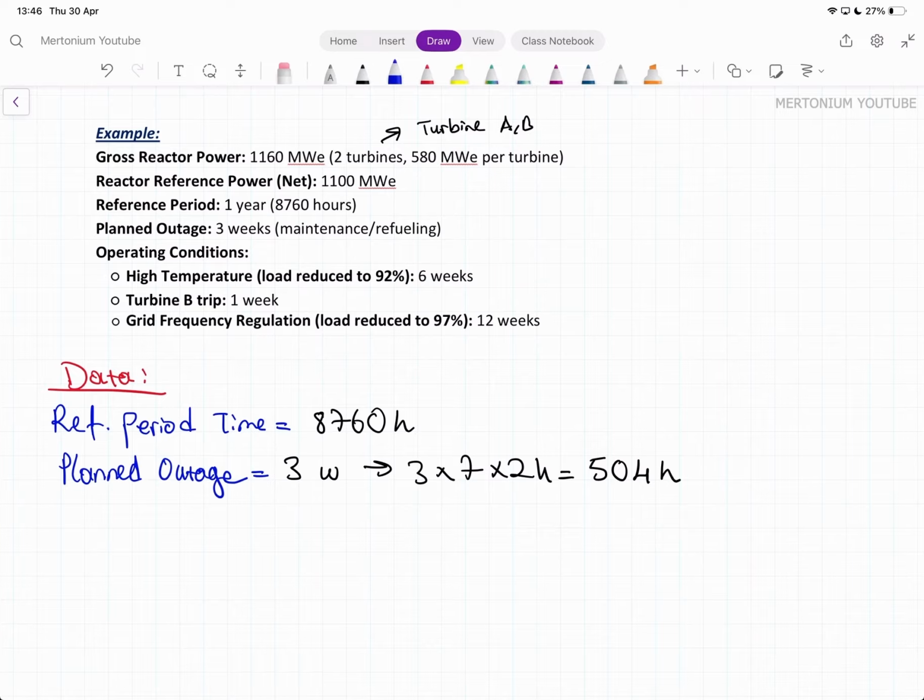And we are going to calculate our reference energy generation. This parameter just shows us, if we assumed a year of operation and the plant continuously works non-stop within this period of time, how much energy it would generate. So reference energy generation, abbreviation is REG.